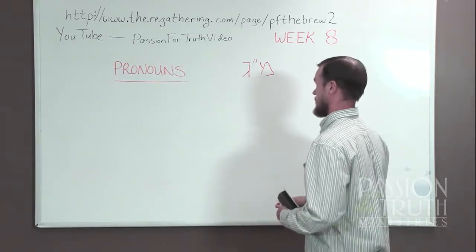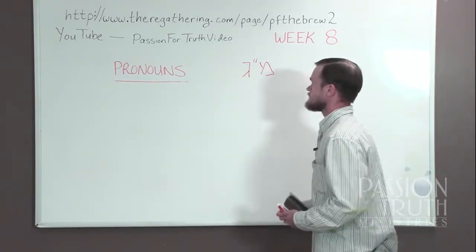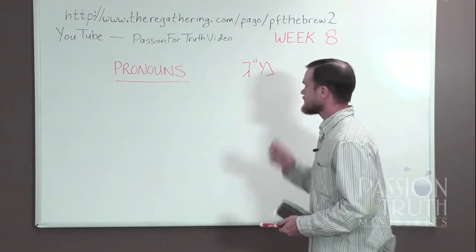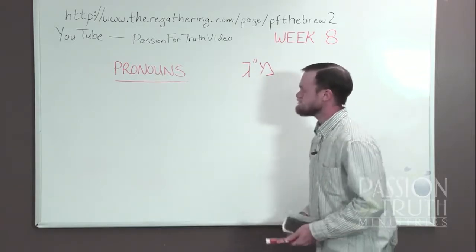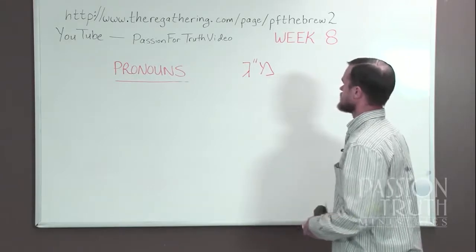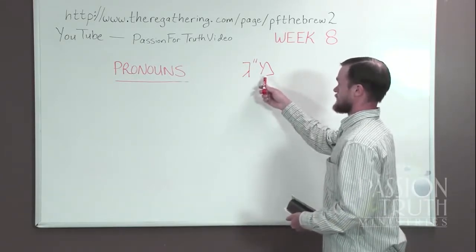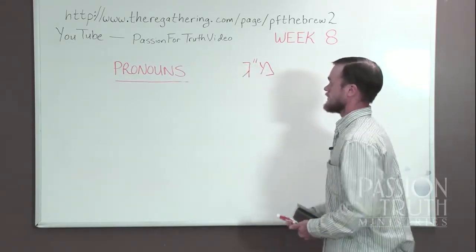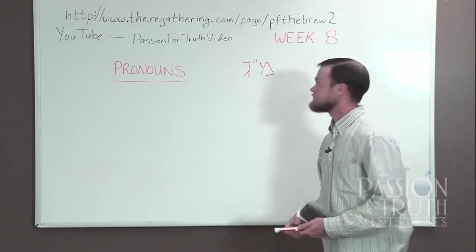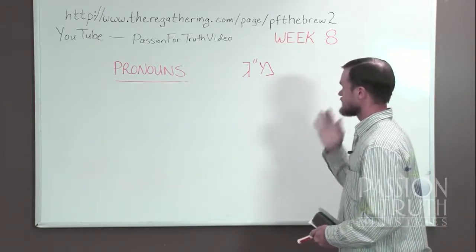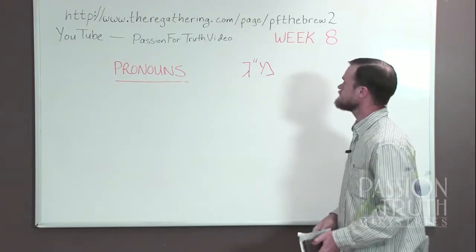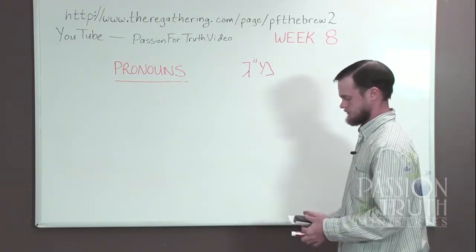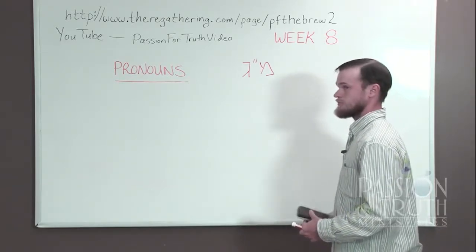Or, I'm sorry, word of a body. Okay? So if you look up a word in a dictionary and it has mem double hash mark gimel, you know that word is a pronoun. Word of a body. Yes.